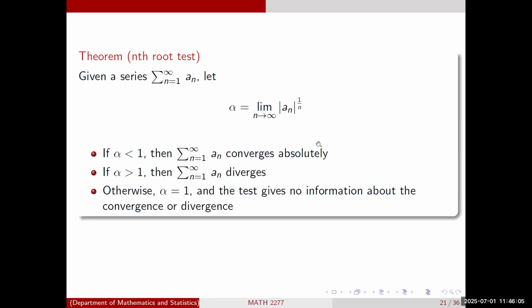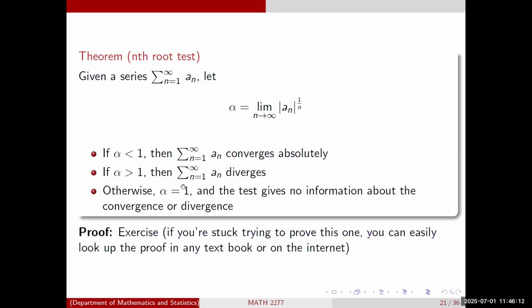So the results are similar, except you're calculating a different limit. Okay. So the proof is an exercise for you to try. Okay, so I put here, if you're stuck trying to prove this one, you could just look up the proof in any textbook or on the internet. Okay, it's a very interesting proof.